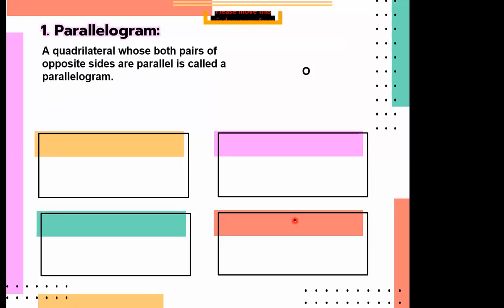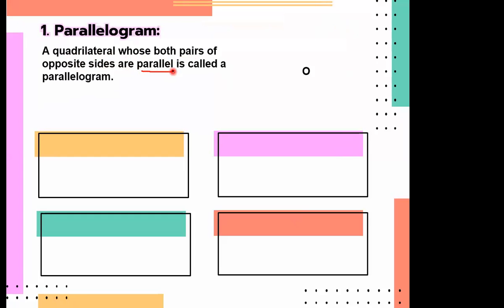Now, let's start from the first kind of quadrilateral, which is a parallelogram. What is a parallelogram? A parallelogram is a quadrilateral, a figure bounded by four straight lines, whose both pairs of opposite sides are parallel.